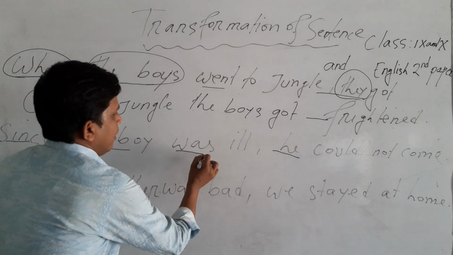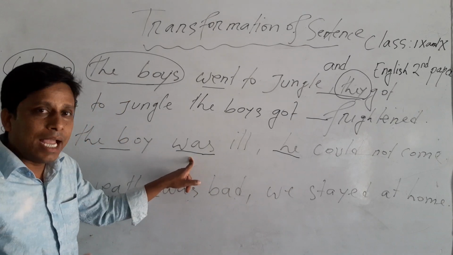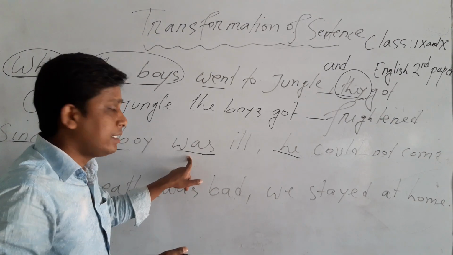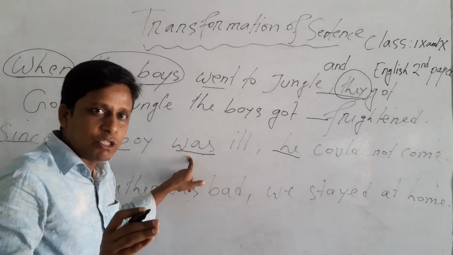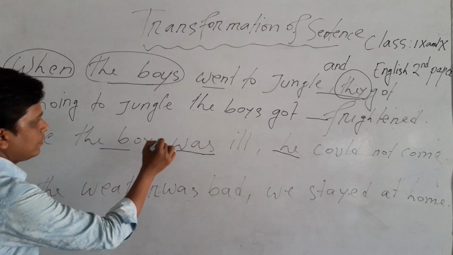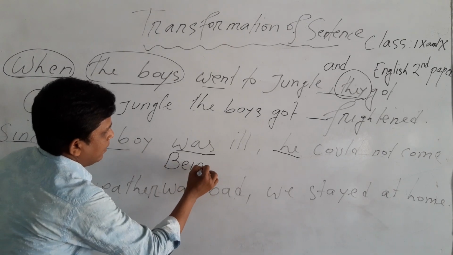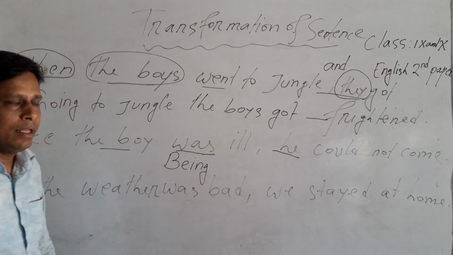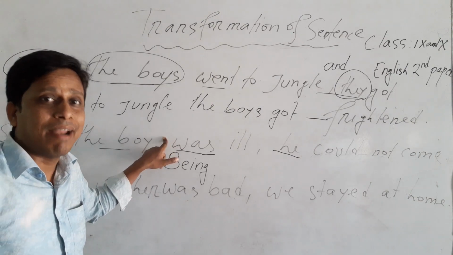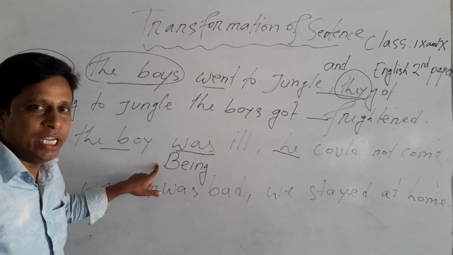Start with the auxiliary. Instead of the auxiliary am, is, are, was, were, write being. If there is have, has, or had, I would write having.